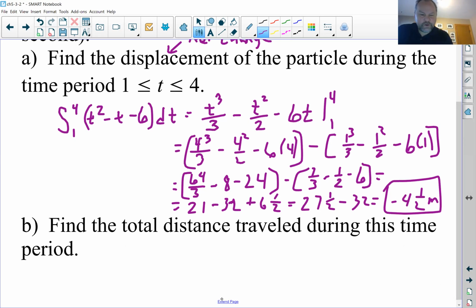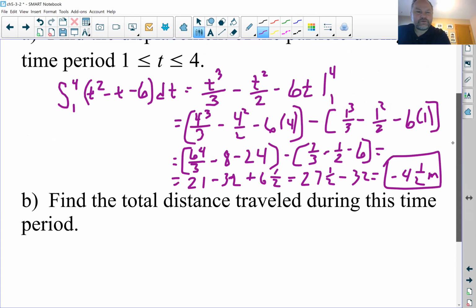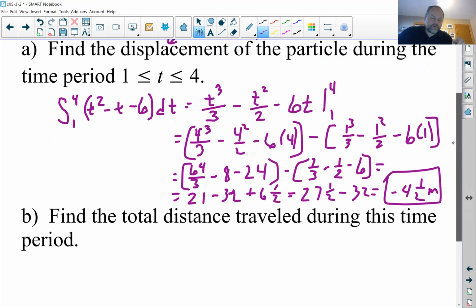If instead we want to find the total distance traveled, it would be similar to things we did when we were working with derivatives. We would want to find where the particle changes direction.